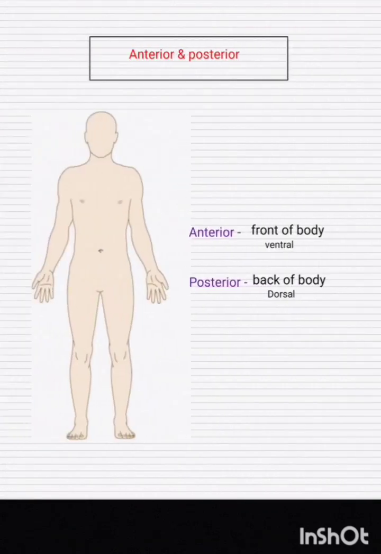Next directional term is anterior and posterior. Anterior is towards the front of the body, another term is ventral. Posterior is towards the back of the body, another term is dorsal. For example, we have the chest bone, that is the sternum. Sternum is anterior to the heart and the vertebral column is posterior to the heart.